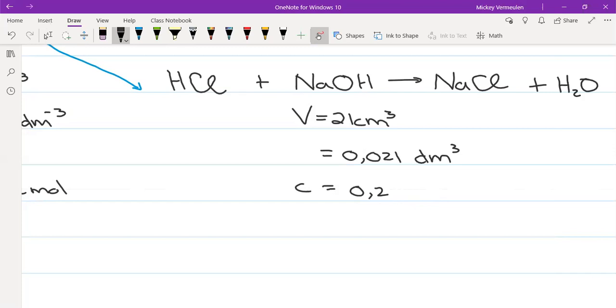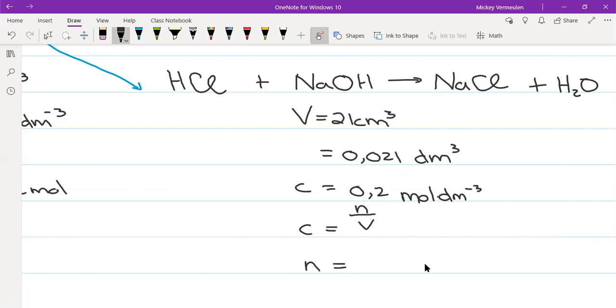They tell us that the concentration is 0,2 moles per cubic decimeter. And so again, we use the concentration formula and we can calculate how many moles reacted. Right, so I put the 0,2 here in C's place, and I put the 0,021 in V's place.